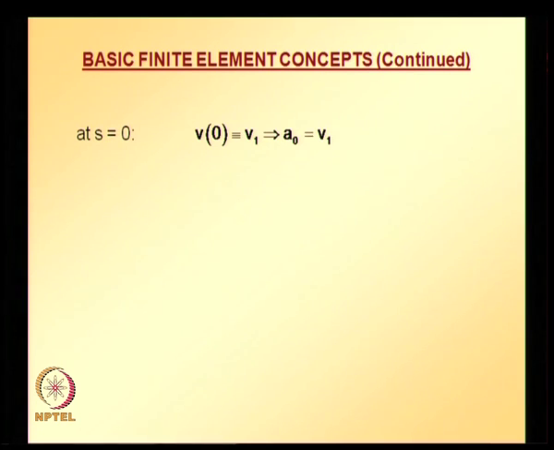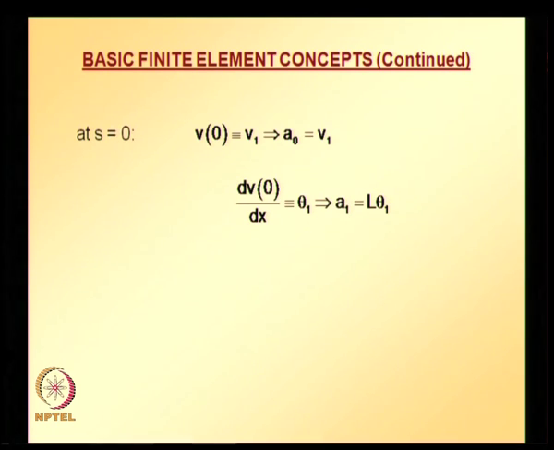Next we need to substitute, at s is equal to 0, the derivative of v with respect to x is equal to theta 1, and when you do this substitution we get a1 is equal to L theta 1.